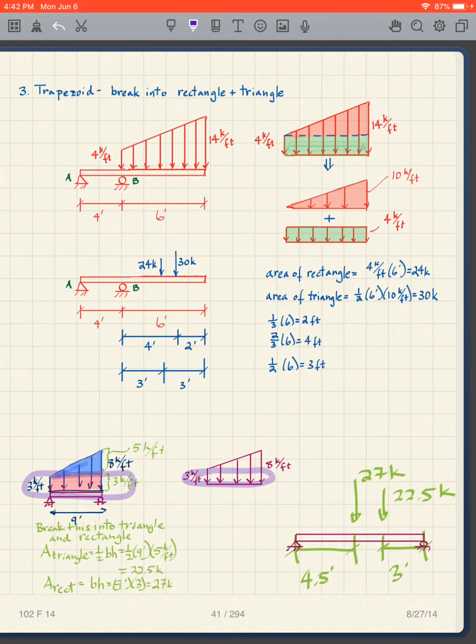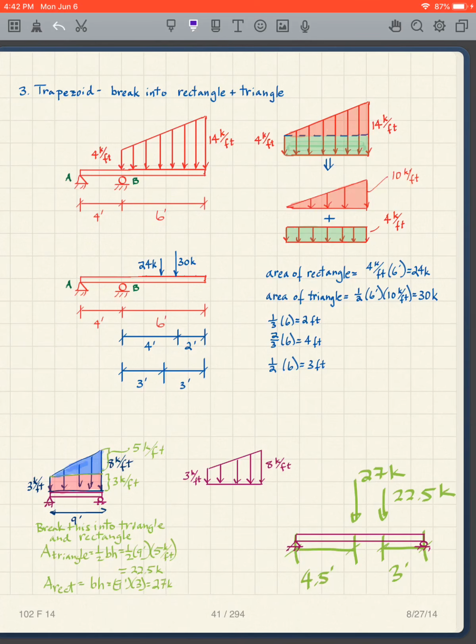And that means this is going to be 5 feet. This is 0 over here.